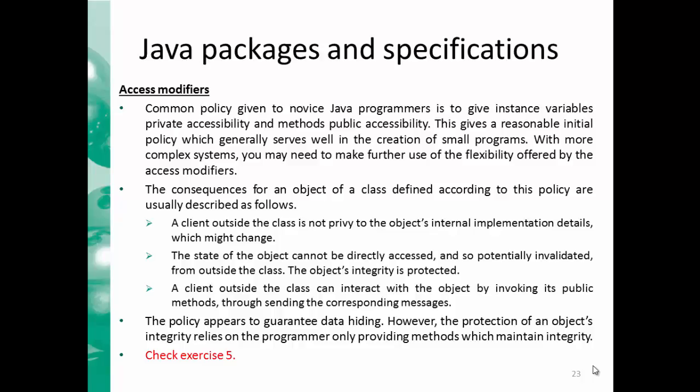The state of the object cannot be accessed, and that will keep the integrity of the data of the object. And the only way to interact with the object is to call or invoke the methods of the object by sending corresponding messages. This will guarantee hiding the information and maintaining high integrity of data.